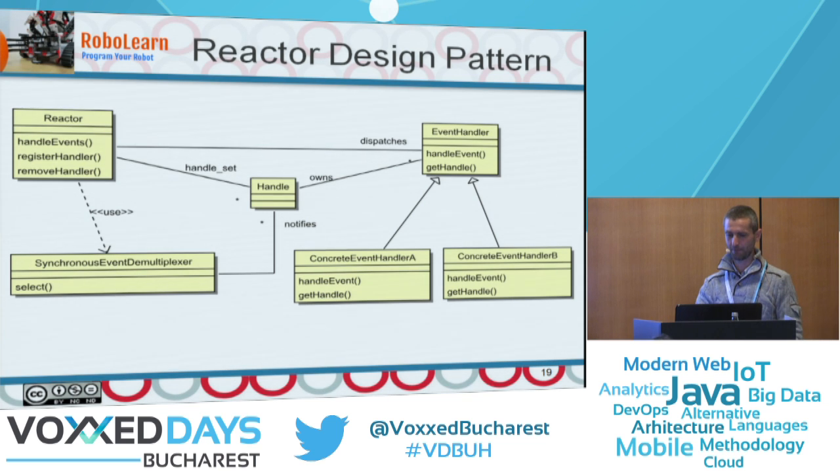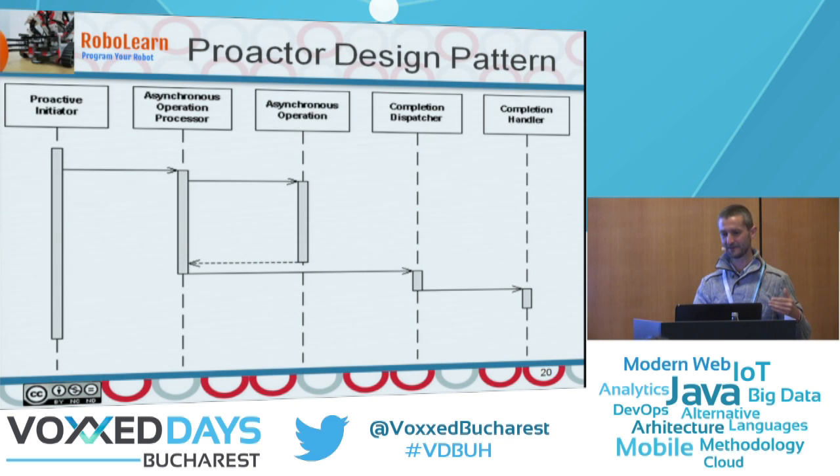The idea is that Reactor implements this Reactor design pattern, but in a standard way, the reactive stream specification. There is also another pattern, which is called Proactor, which allows us to dispatch completions of different operations on different threads if they're long-lived and they need more time.